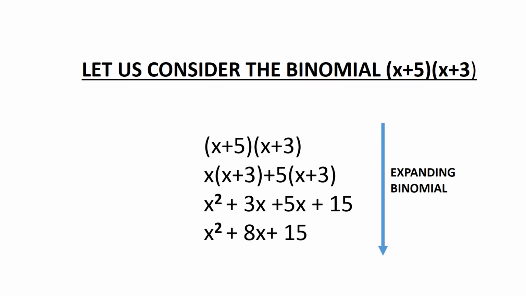So 3x plus 5x gives me 8x. And my remaining constant is 15. So when I expand the binomial x plus 5 multiplied by x plus 3, the result is x squared plus 8x plus 15.